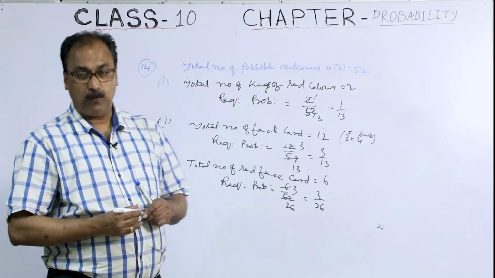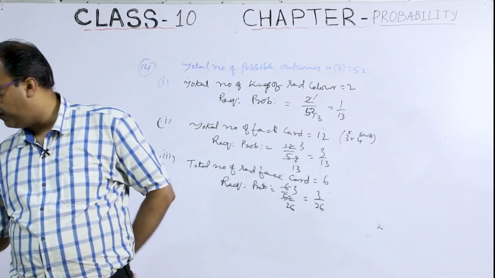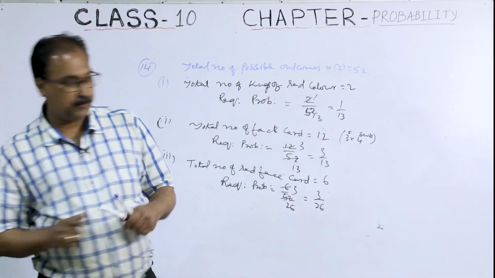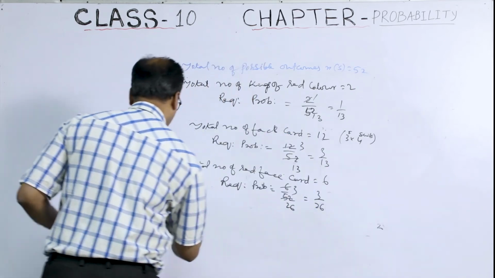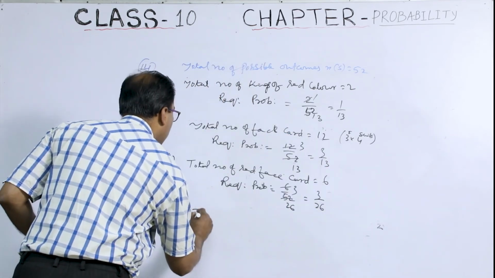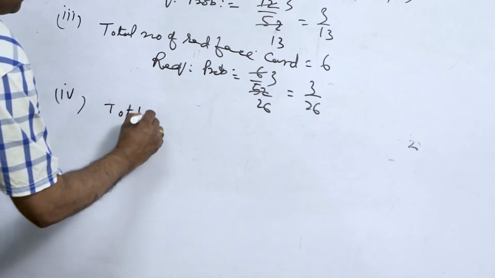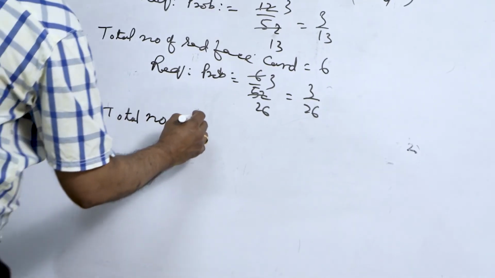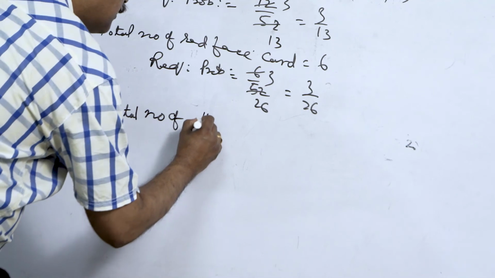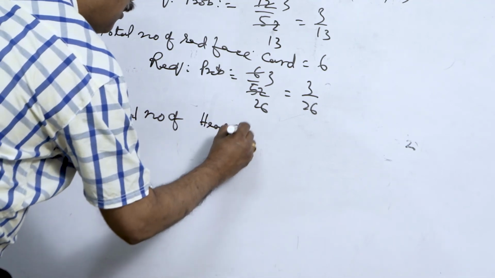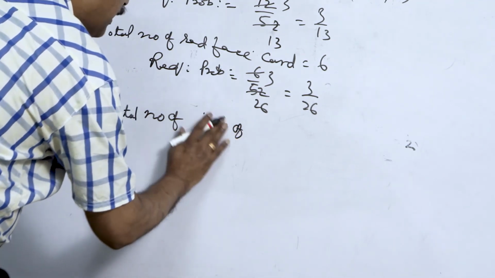Likewise, what will be 4? Look at question number 4. A jack of hearts. The total number of jacks of hearts.